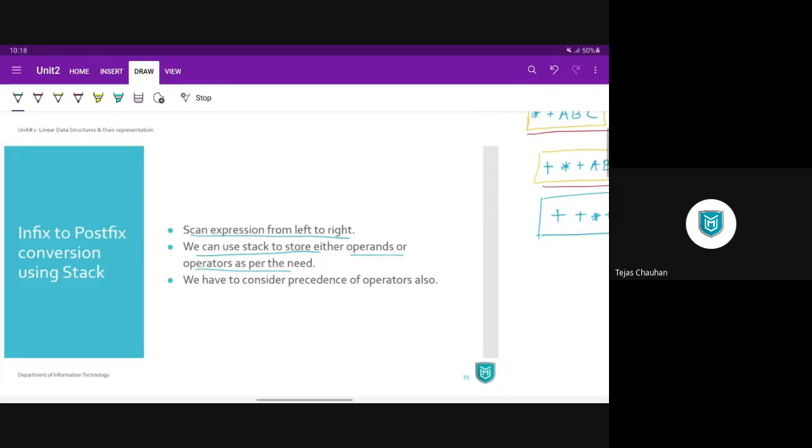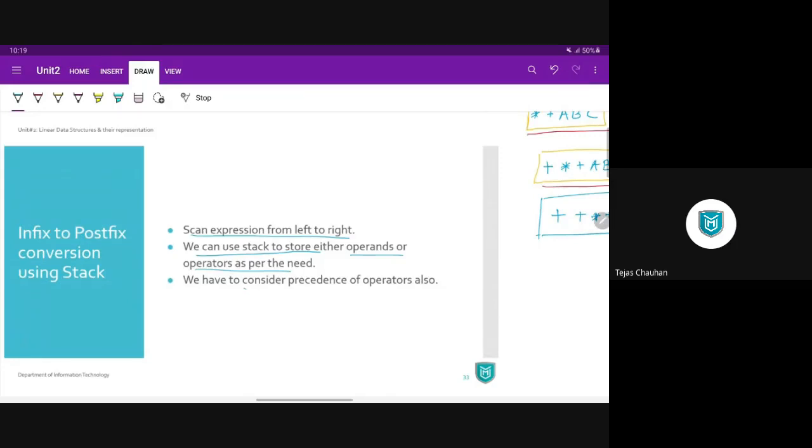But if we are going for evaluation, then we need to remember operands. So whenever we say that we want to remember it somewhere, then there is a memory. If you want to remember something, then you put that thing in a memory, and the memory part here is a stack. Okay, so we are going to use stack to remember either operator or operand.